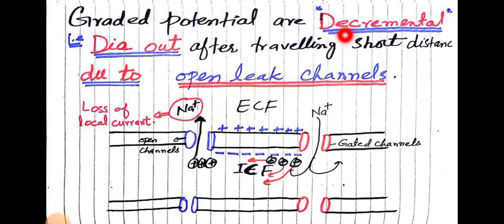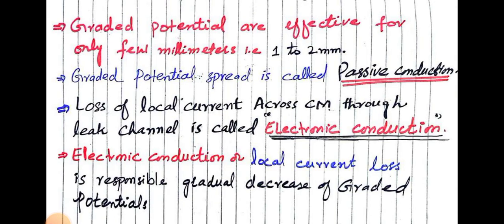Potentials and electrical current are related to each other by a relation called Ohm's law. When there is no voltage, there would be no current. So when the magnitude of the graded potential decreases while traveling due to the leakage of sodium ions, the current that is traveling would also be less.